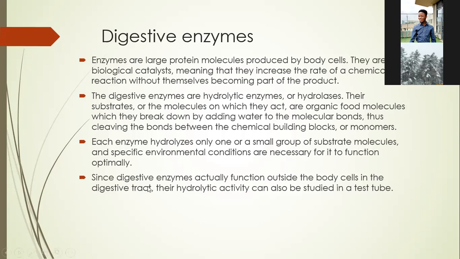Now, the digestive enzymes are usually acting outside the cell, so they are being released by epithelial or GIT epithelial cells, or they are being released by the glands and they are released into the lumen. That means their reactions or activities are done outside the cell.